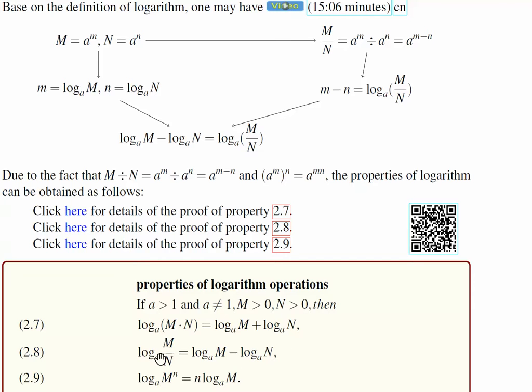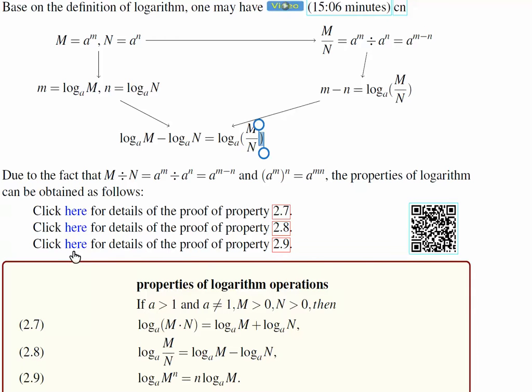That's the proof for the second one, 2.8. Vertically, this is not changed. Horizontally, it was multiplication. Now it's division and subtraction. You rewrite this one, and you get the following one below it. You combine those two together, you should have this property. That's how we got the proof for 2.8.